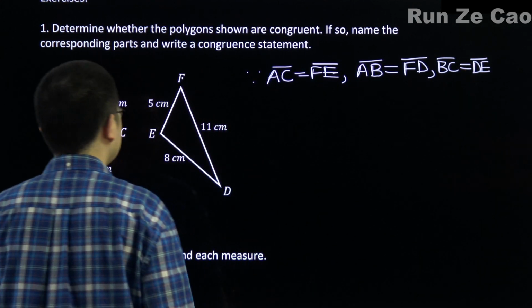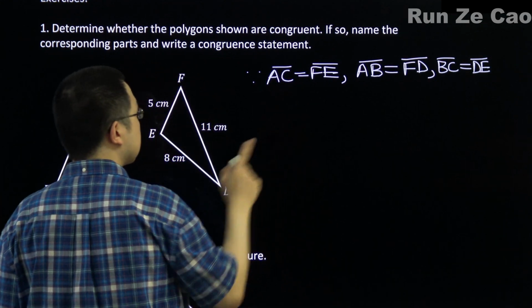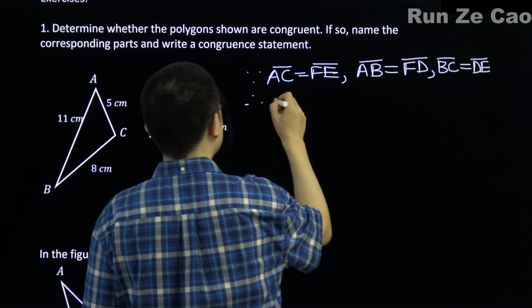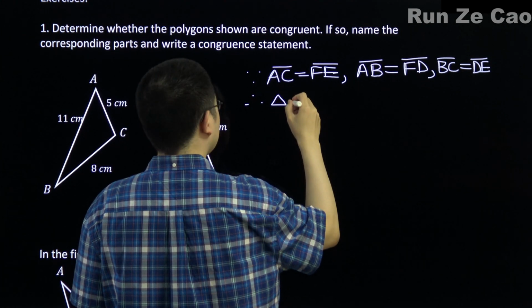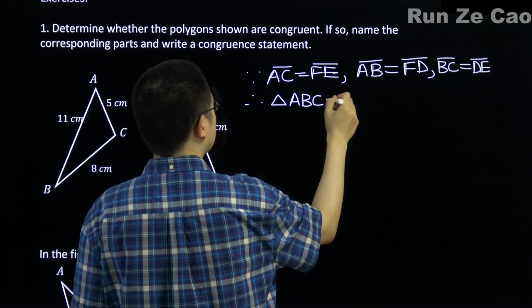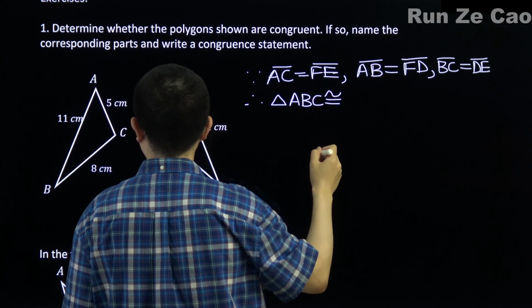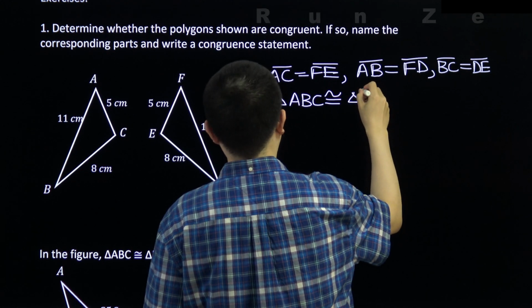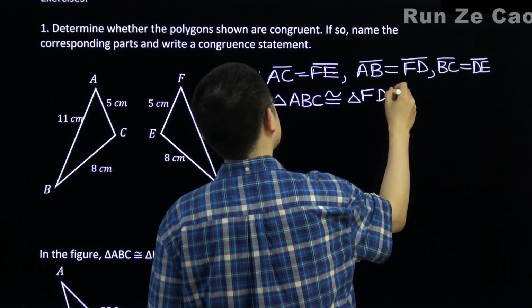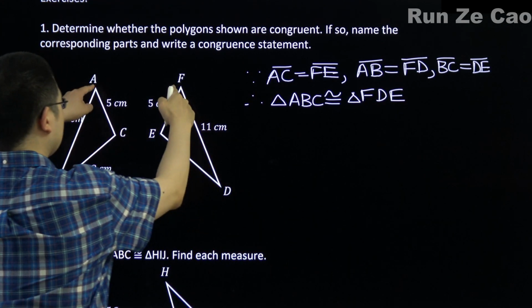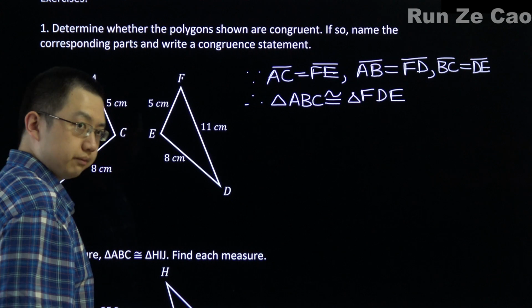Alright then, because these sides are equal, therefore triangle ABC is congruent to triangle FDE. We're naming the points in corresponding order.